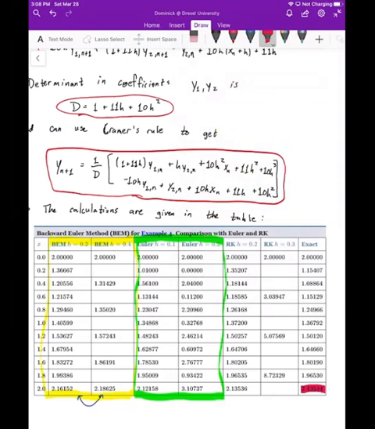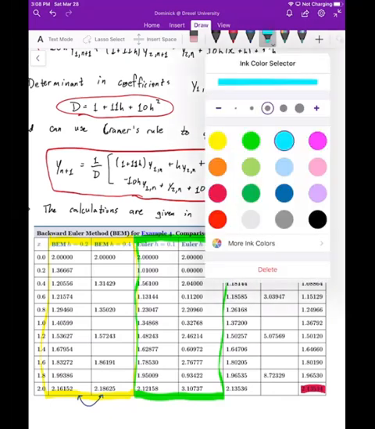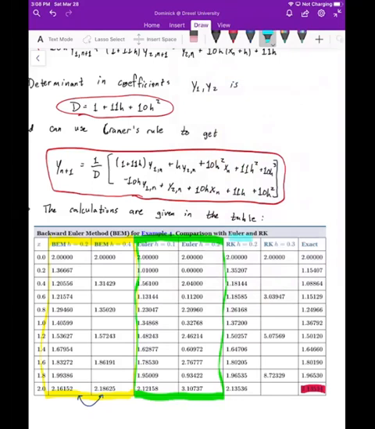All right, now even the Runge-Kutta method does not do well here, at least for a certain step size. If you look at Runge-Kutta for step size 0.2, that's the most accurate of any of them, so you have the best accuracy here.